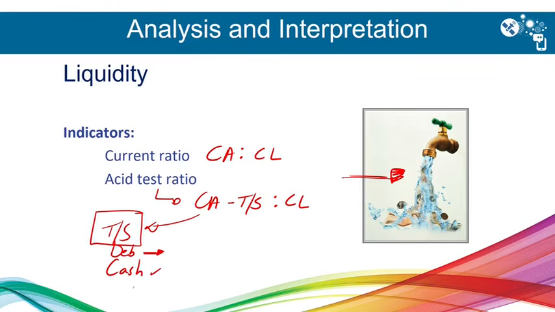They must just pay us. But the trading stock, this is the one that we still need to sell in order to convert the trading stock into cash. So that's why we subtract trading stock, because of these three, it's the least liquid. Debtors already have an obligation. Cash is already cash. That's why we subtract trading stock.